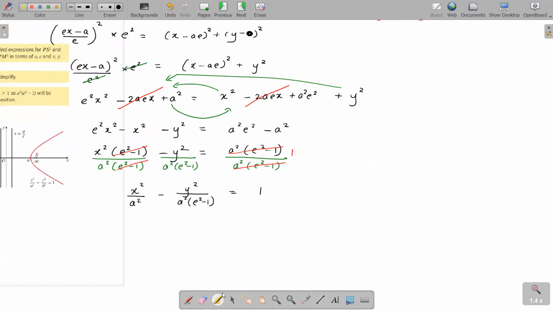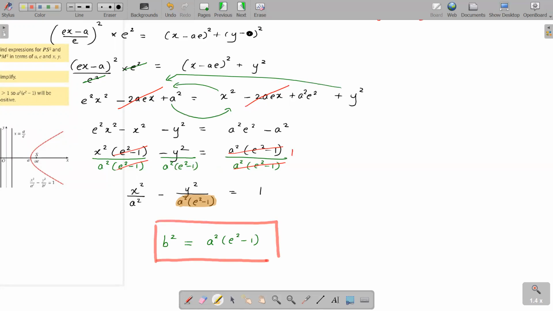Now do you see we got the eccentricity equation? According to this eccentricity equation, what is the b square value? b square is equal to a square, e square minus 1. Yes, make sure you check the difference between the earlier one and this one.